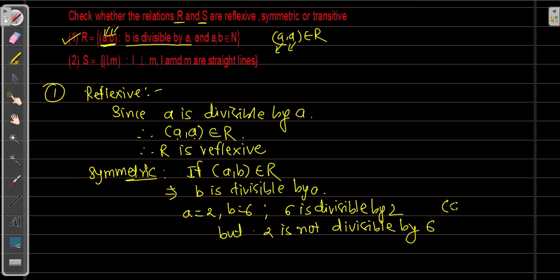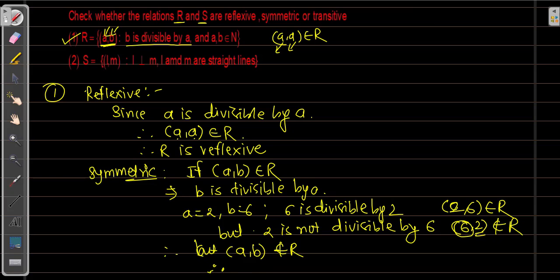This means the ordered pair (2, 6) belongs to our relation R, but the ordered pair (6, 2) does not belong to R, because the second element, 2, is not divisible by the first element, 6. Therefore, our relation R is not symmetric.